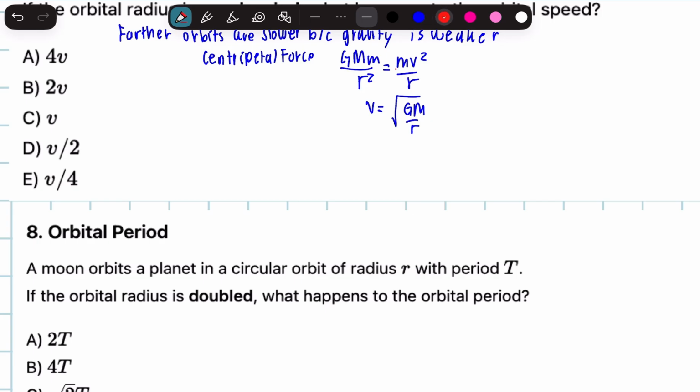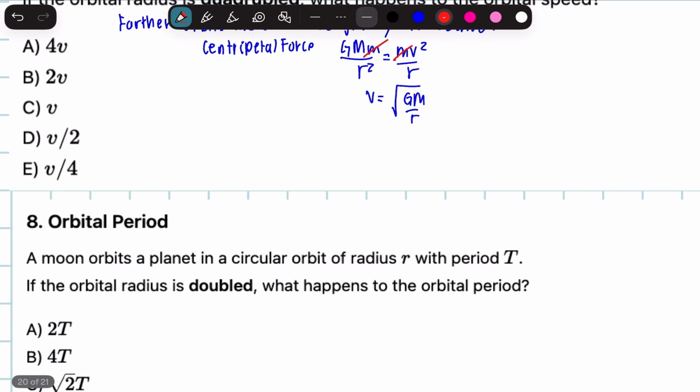As you can see here, m cancels out, and we can multiply both sides by r, and then that cancels out, and then you just take the square root, and that's how you get that.